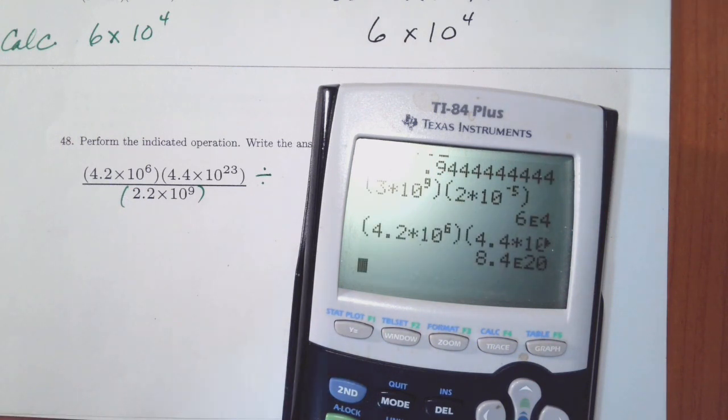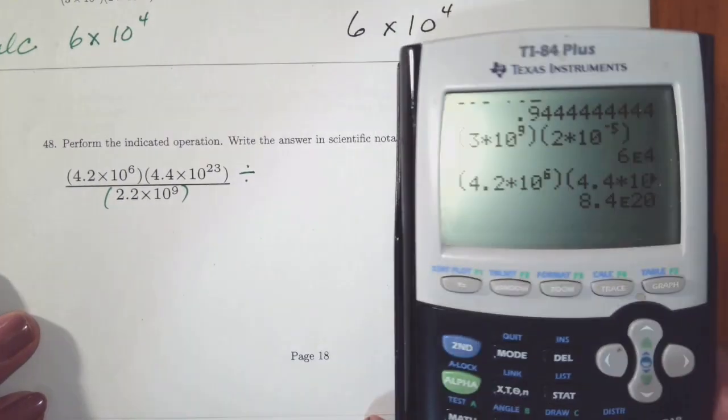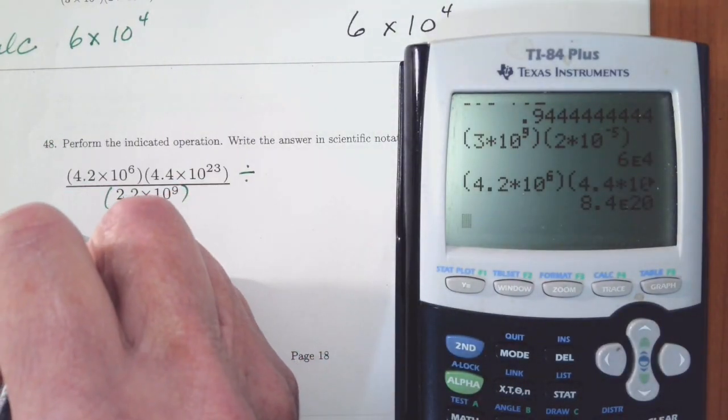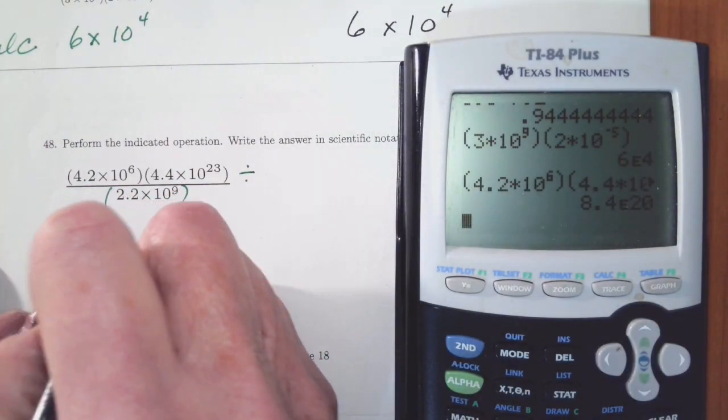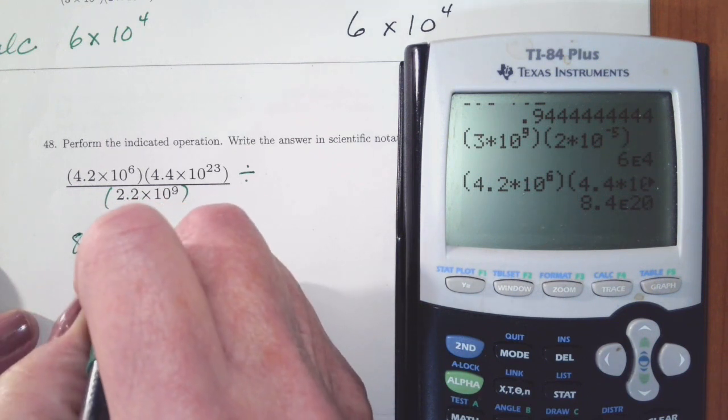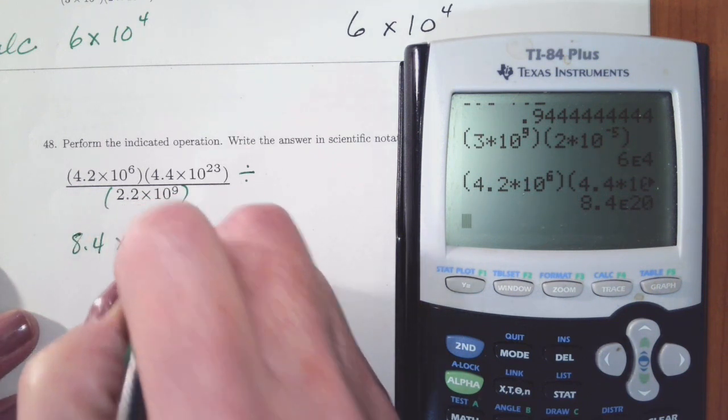And it will give me 8.4 E20. So that's going to be 8.4 times 10 to the 20th.